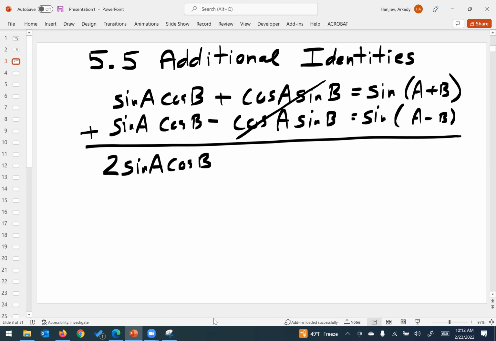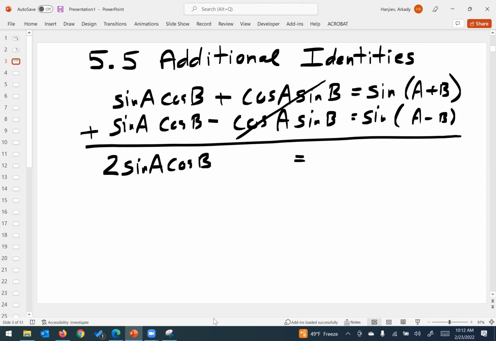We have a cancellation. Remember in algebra, it was called elimination? You line them up so that they're opposites of each other and just add them up, and that will cancel. We get two sine A cosine B.